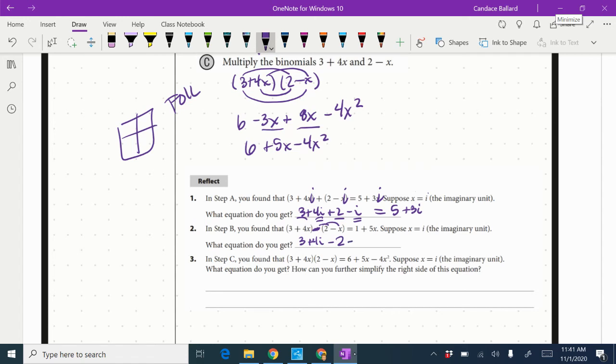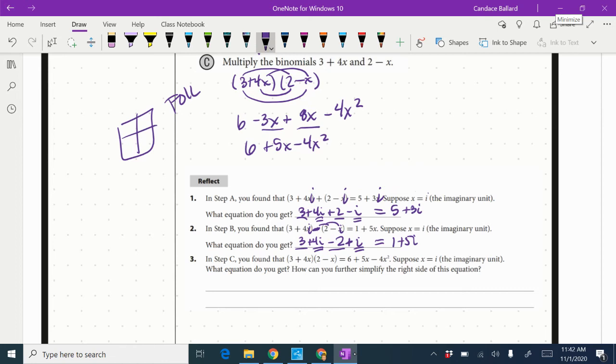So negative 2 minus i, because I'm replacing the x's with i's. So that means I'm going to get 1, and then 4i minus i would be 3i. Minus a negative would make that positive i. There we go. So plus 5i.